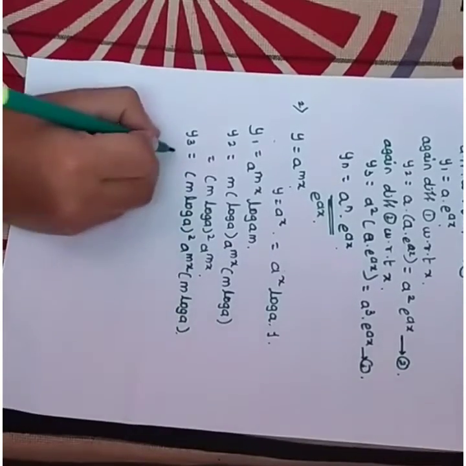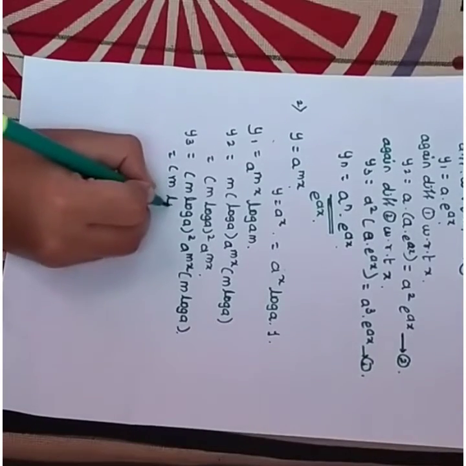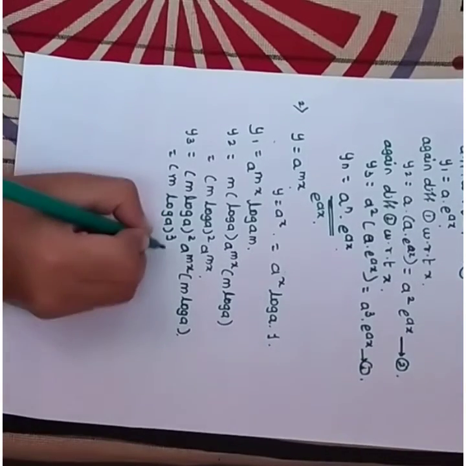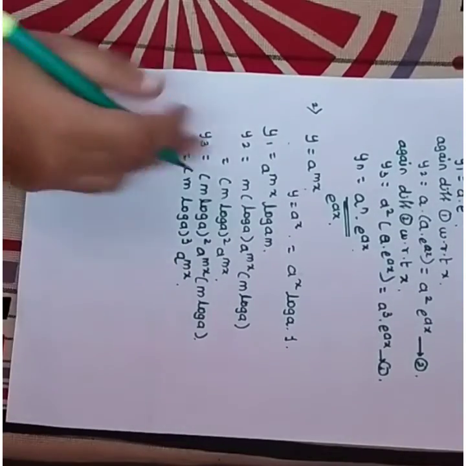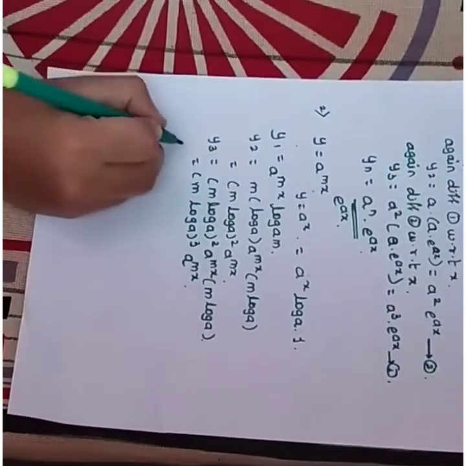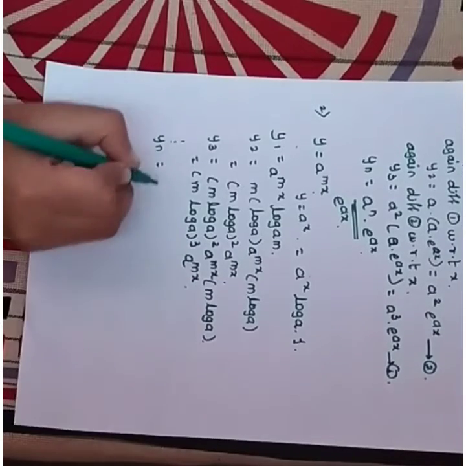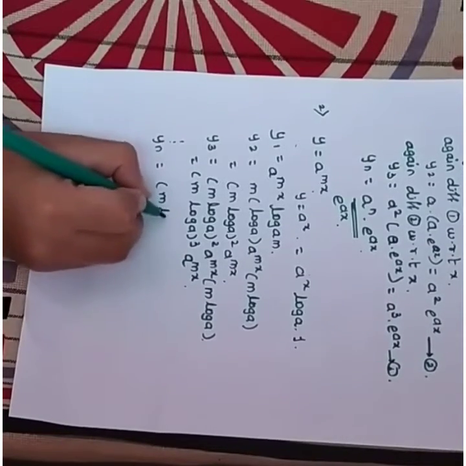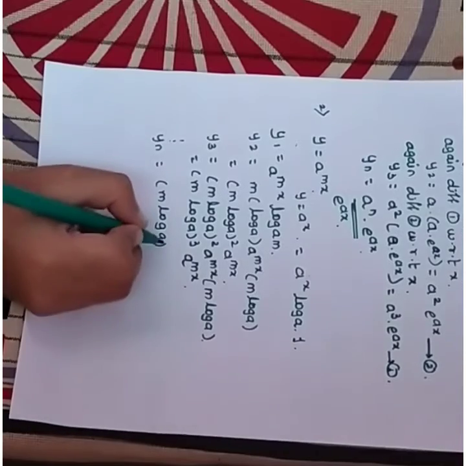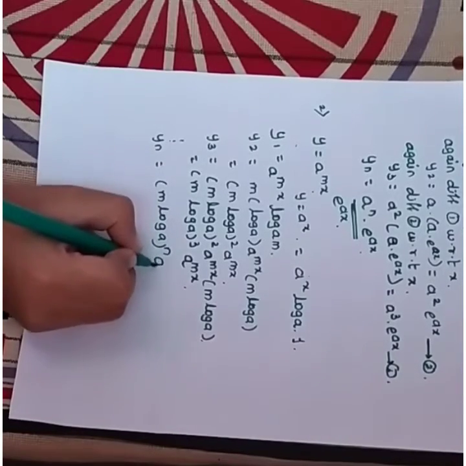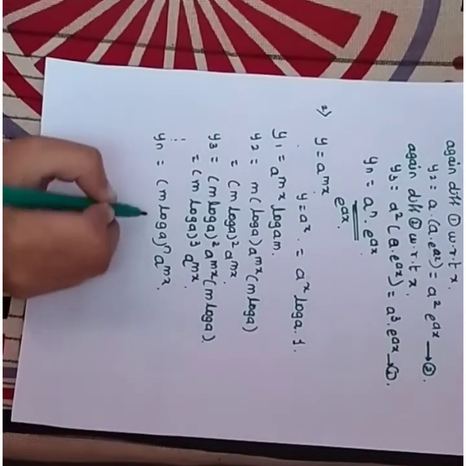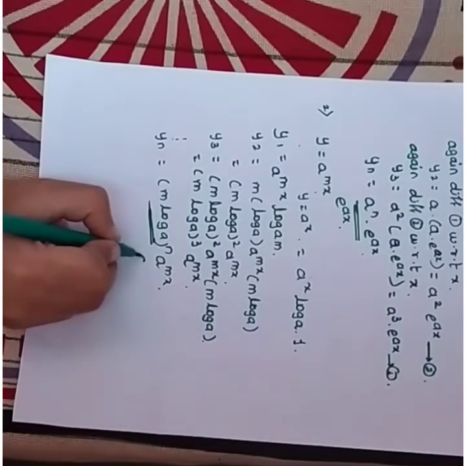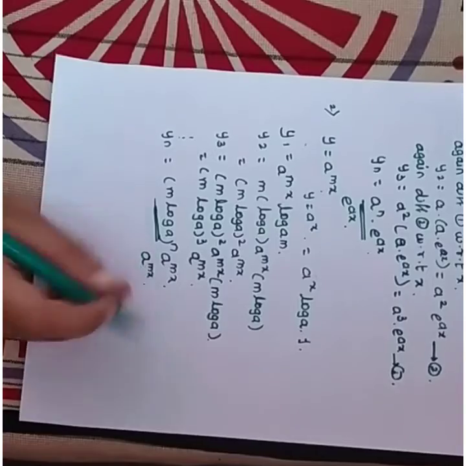This can be written as m into log a whole cube into a raised to mx. By observing all these results, we can find yn is equal to m log a raised to n into a raised to mx. This is the nth derivative of a raised to mx.